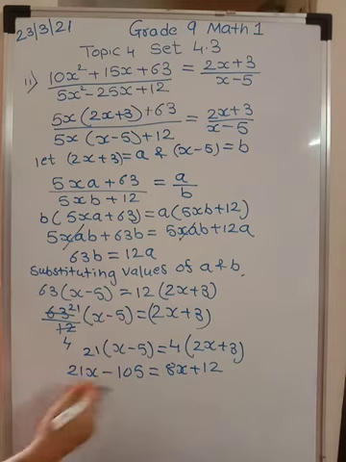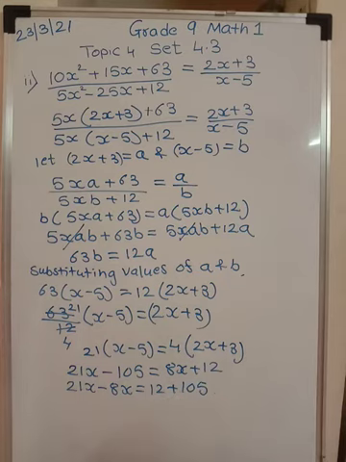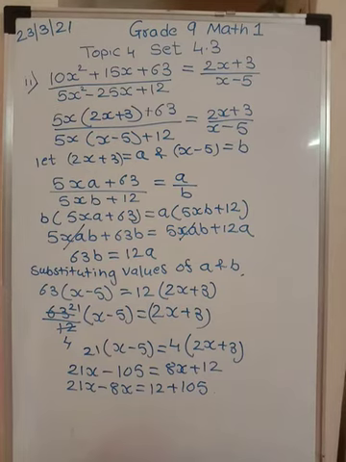Now let me take all x terms together. 21x minus 8x will be 12 plus 105. Up till here, is it clear? Alright. I hope you are understanding. Okay. So what am I going to get? 21 minus 8 is nothing but 13, isn't it? Yes.